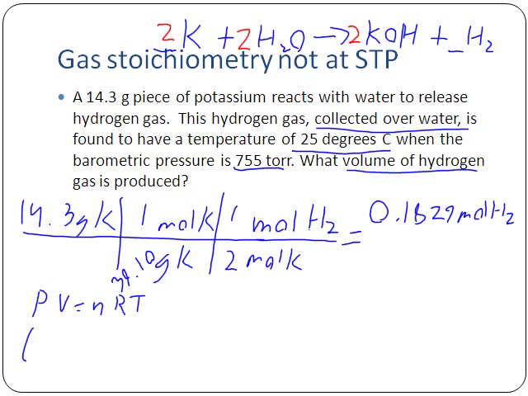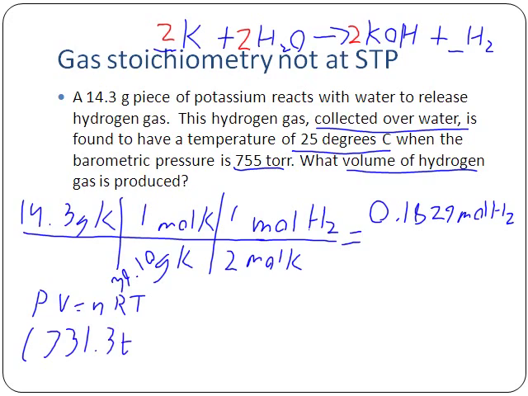If you look at your water vapor pressure chart, we see that at 25 degrees Celsius it has a vapor pressure of 23.7 torr, or millimeters of mercury, so 23.7, and so we want to take our 755 minus 23.7, and that gives us 731.3 is the pressure that we will use here.